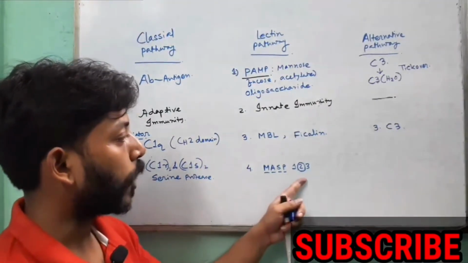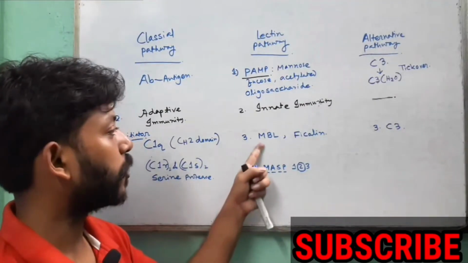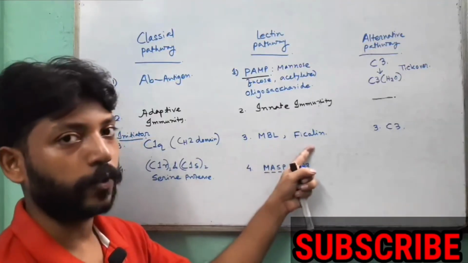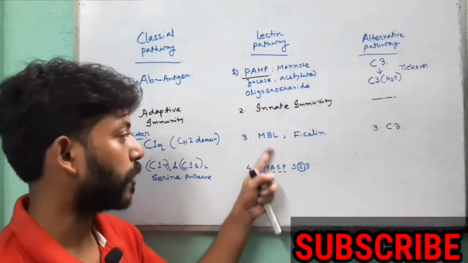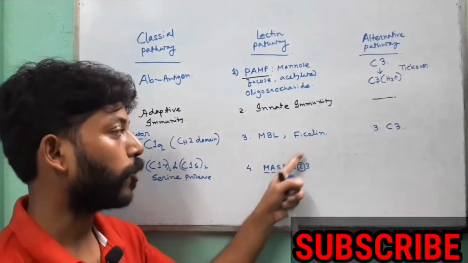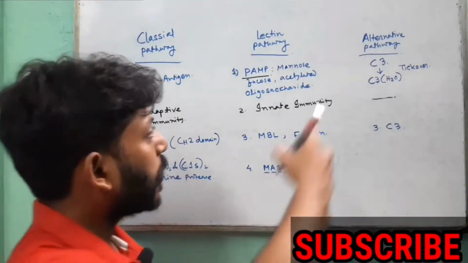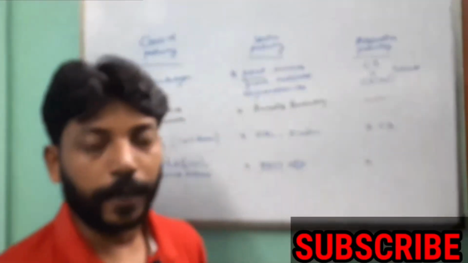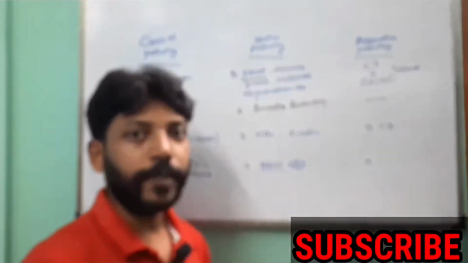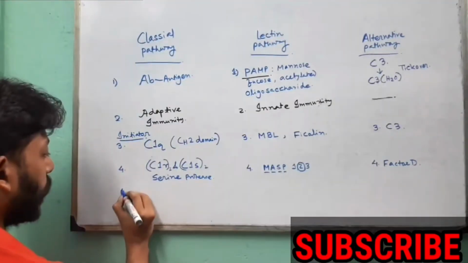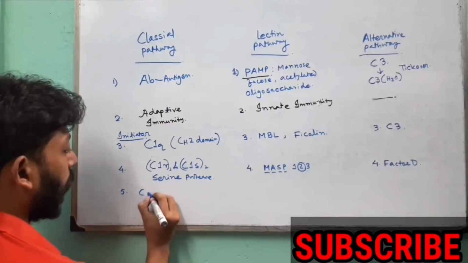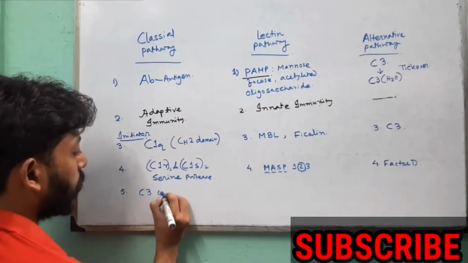These MASPs are shared by the two proteins, MBL and ficolin. MBL is attached with this protein, so it is the partner of MBL, and ficolin also contains MASP. In the alternative pathway, the enzyme that initially cleaves is factor D.